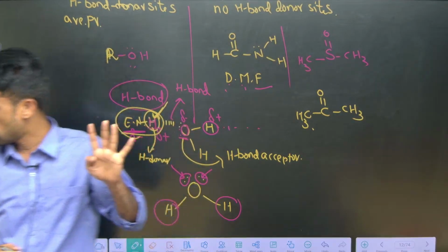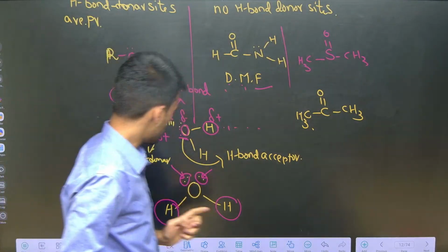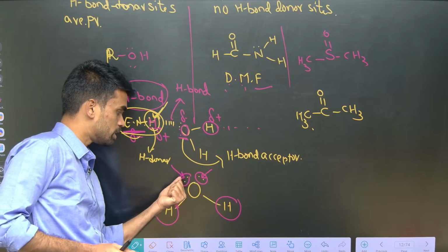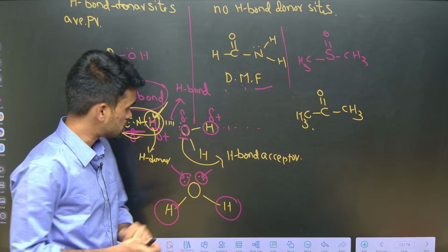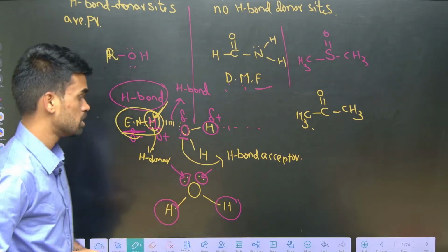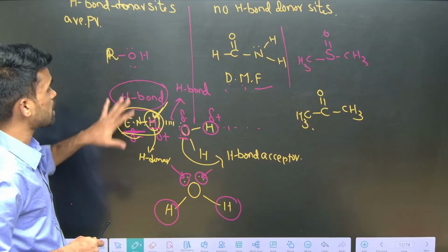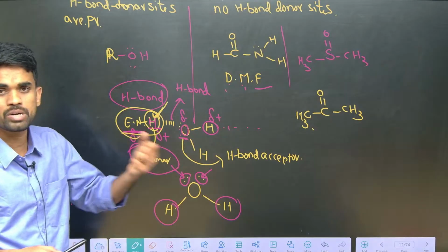Two are by these hydrogen atoms and the remaining 2 are by the lone pair electrons, one here, one here. Remember this.